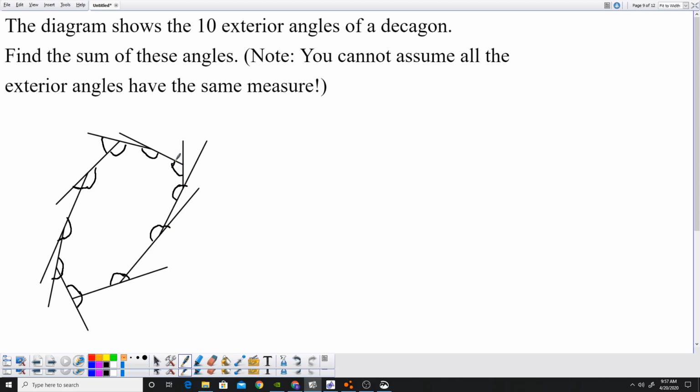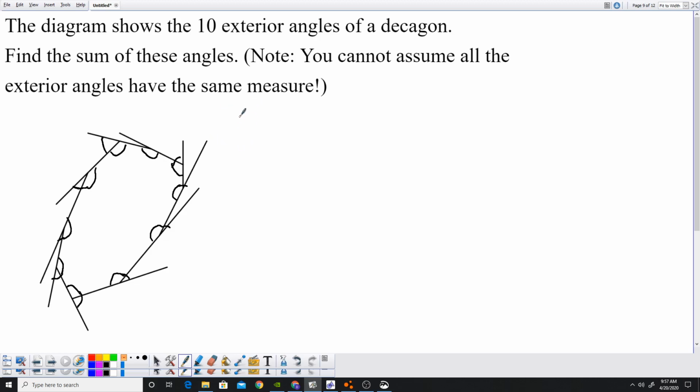combining the interior and the exterior angles, we can figure out that we have 10 pairs of angles that all add up to 180.